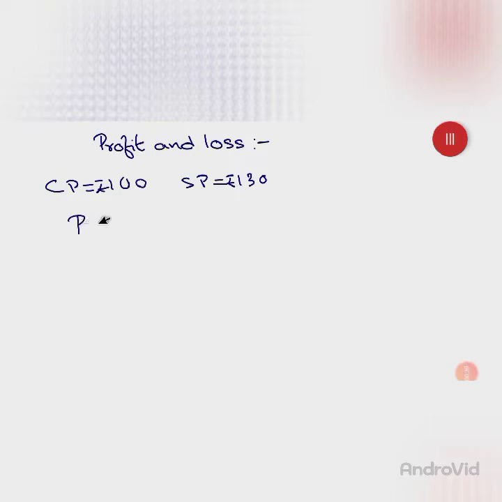Okay, so profit will be selling price minus cost price. So our selling price is 130 rupees minus cost price is 100. Therefore our profit is 30 rupees.